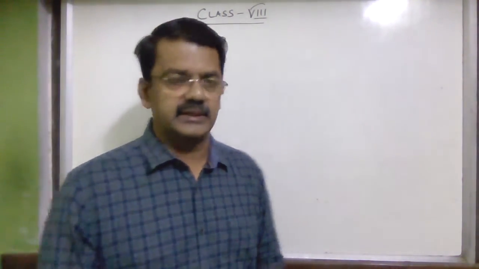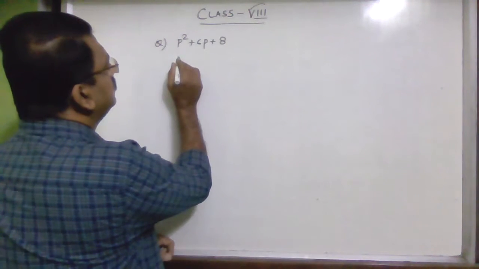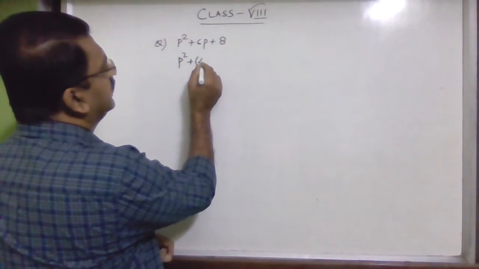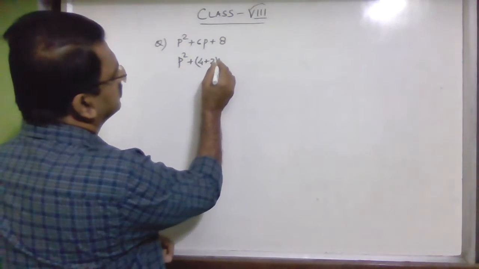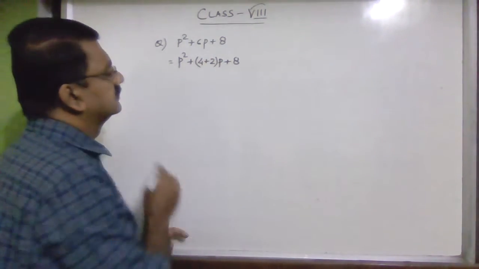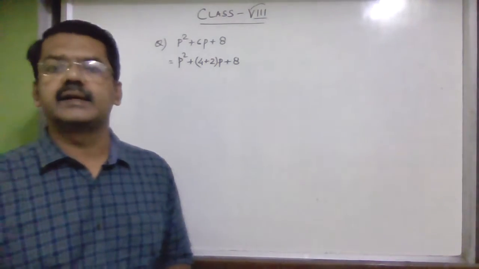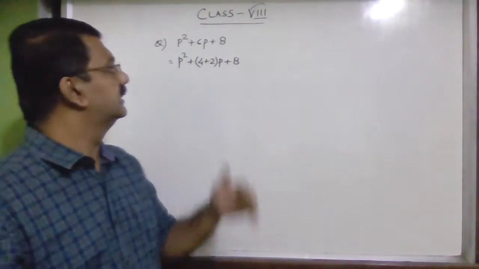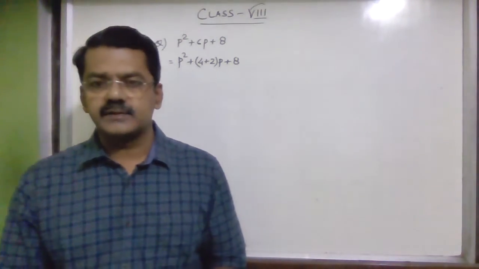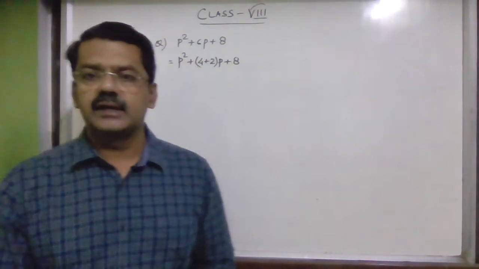So what we do, in place of 6 you write down 4 plus 2, that's all. The only change I have made in the second step is that in place of 6 you write 4 plus 2.